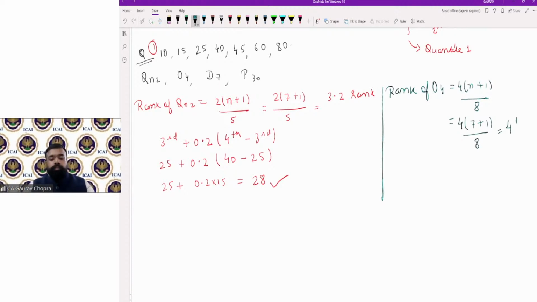Fourth rank. Now, what is the fourth value? It is 40. So therefore, O4 is equal to 40. So directly you can answer. Ritu has given the answer. Navya, Khushi Gupta, Bhumika Saini, Shreya. Yes, everyone is correct.